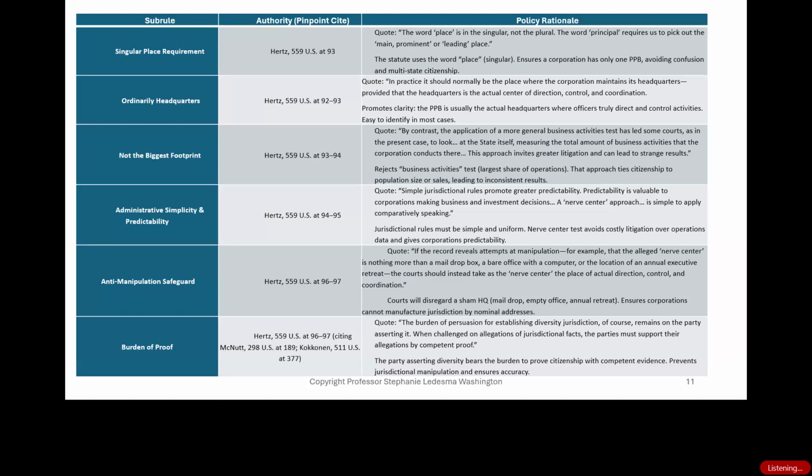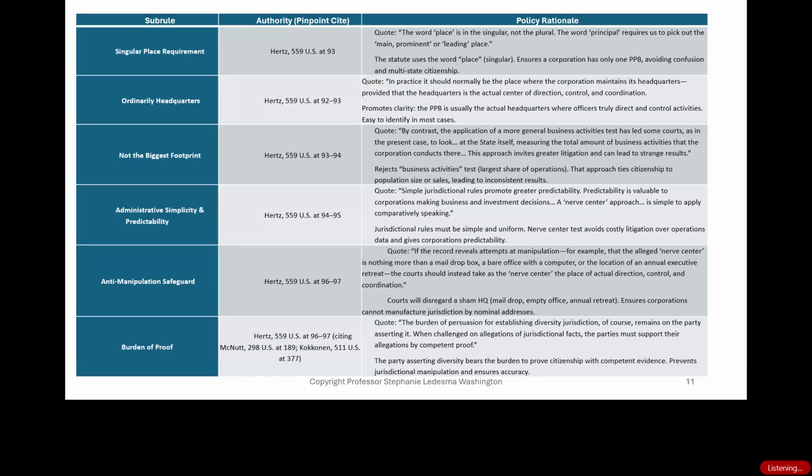This approach invites greater litigation and can lead to strange results. That's why we don't look at the business activities test. Got it? Yeah? All right. There's some of your sub-rules.